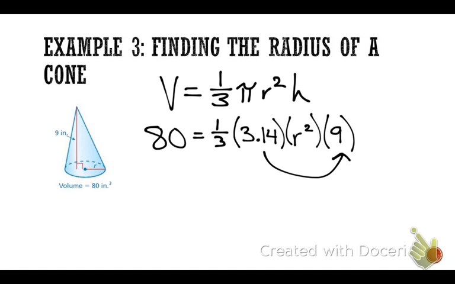We can skip over that r. The commutative property says I can multiply in any order. So I can do 3.14 times 9 and then go back and divide that number by 3. 1/3 means I'm dividing that number by 3. So 3.14 times 9 divided by 3 is approximately 9.42.